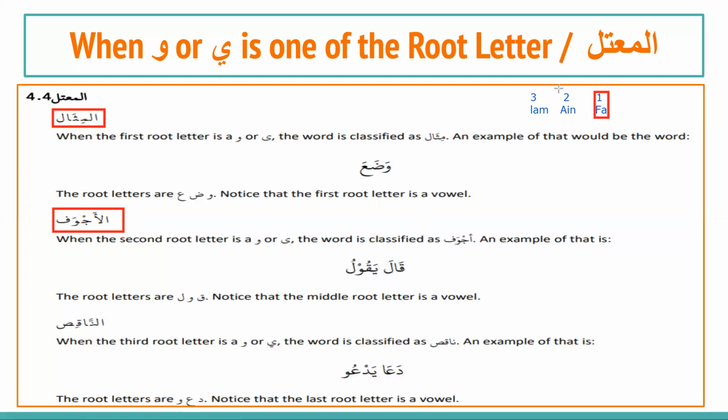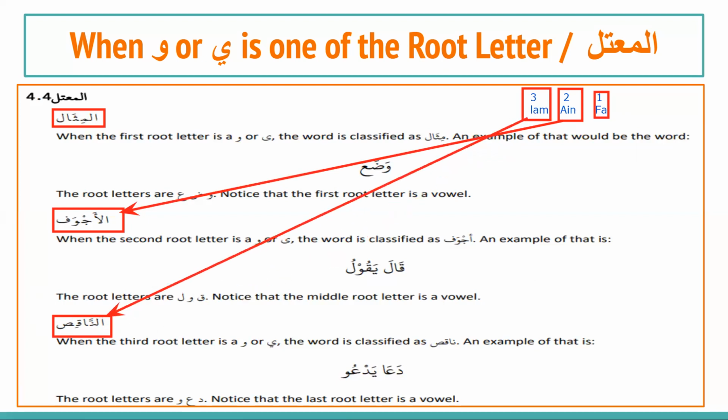If it's ain kalma, either waw or ya, then it is ajwaf. And if the third kalma is a weak letter, either ya or waw, then that type of word is naqis. Fail mu'attal naqis.